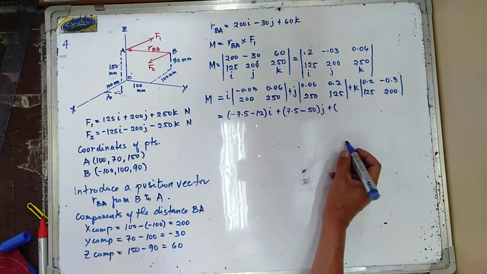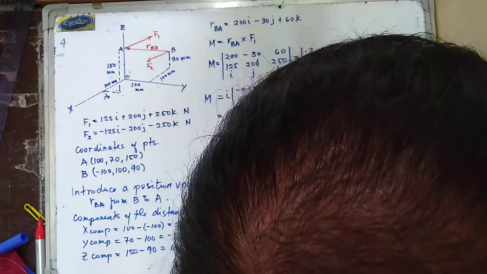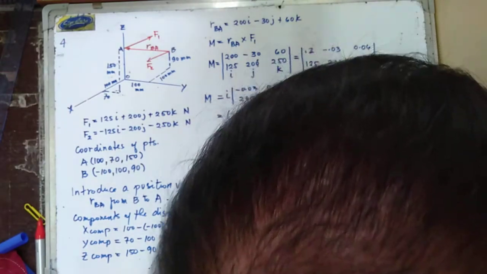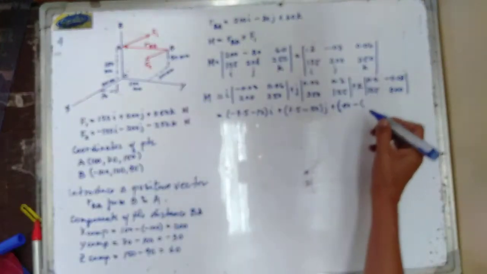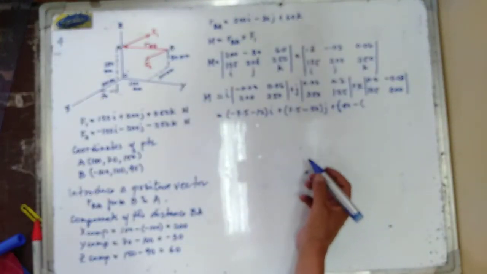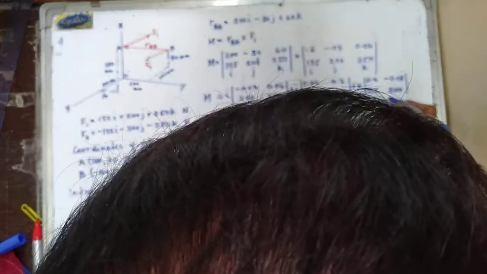Plus 0.2 by 200, that is equal to 40, minus negative 0.03 by 125 is negative 3.75.